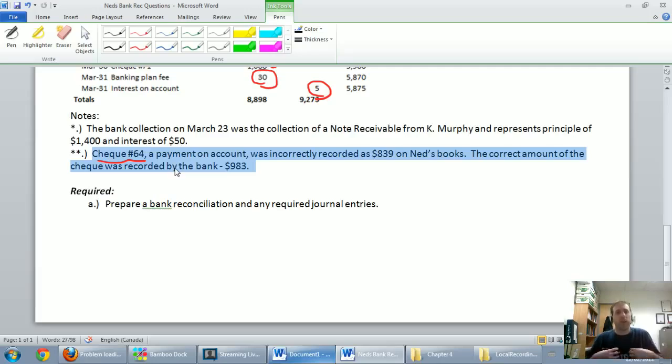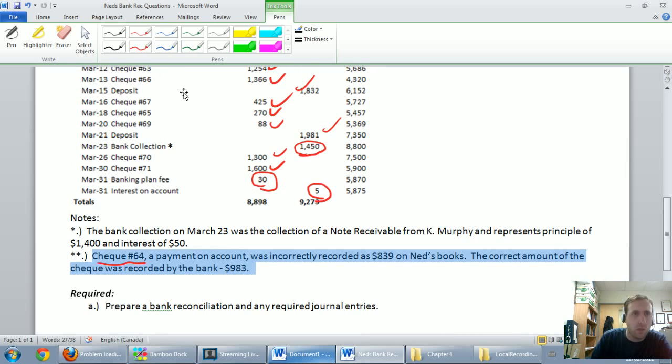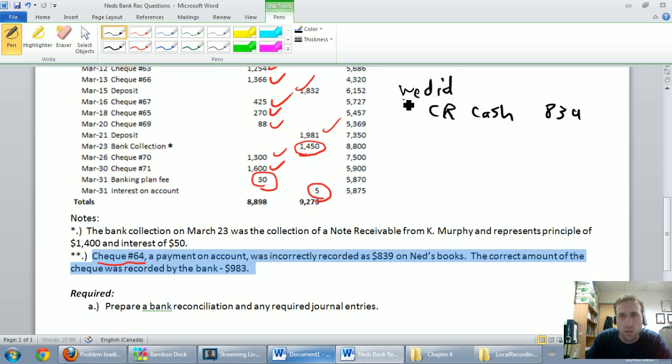In other words, our accountant recorded credit cash 839. The correct amount of the check was recorded by the bank, 983. So here's what we did. We went credit cash 839.